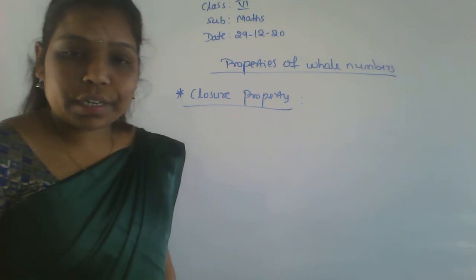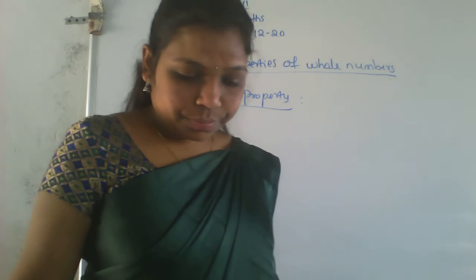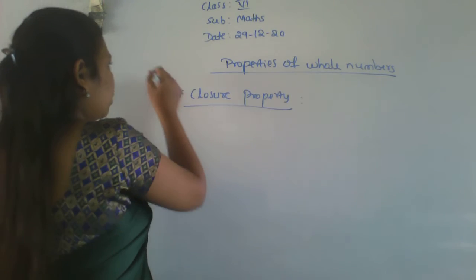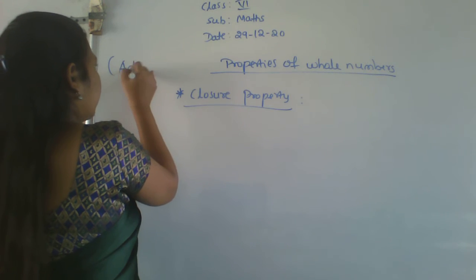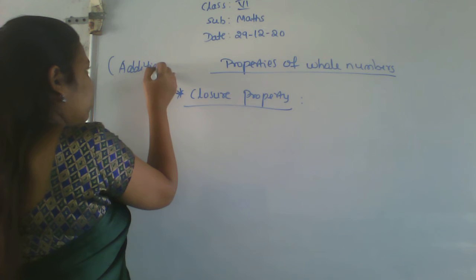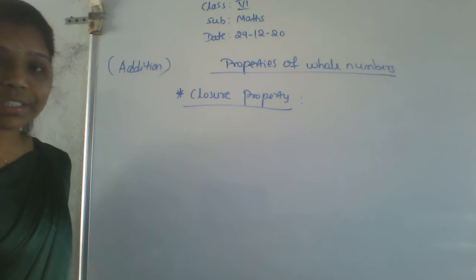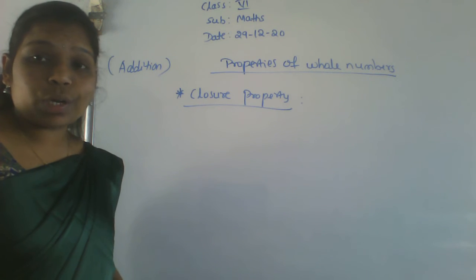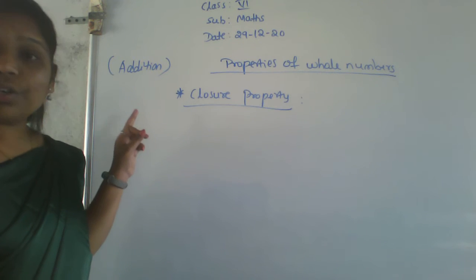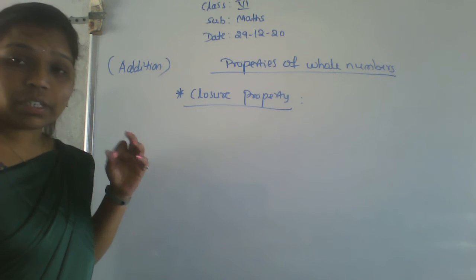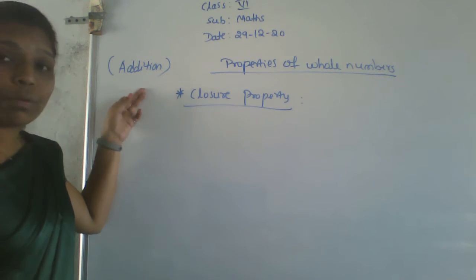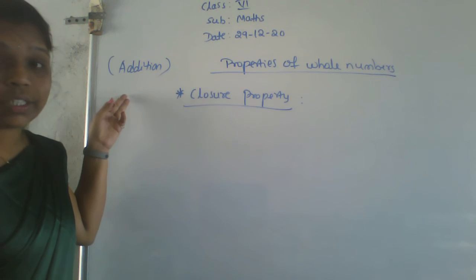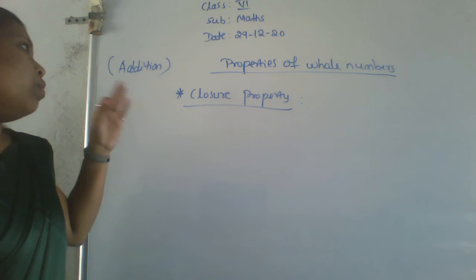First about the addition. Okay, about addition I am telling, we are using only the operation addition here. Don't take subtraction, multiplication, division. Only we are talking about the addition.